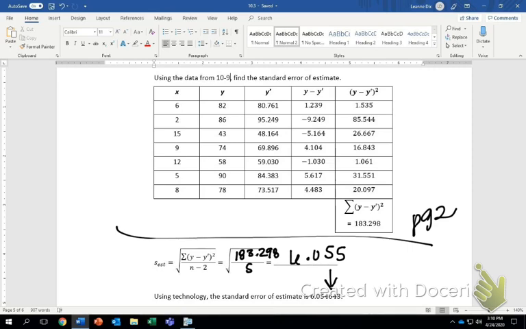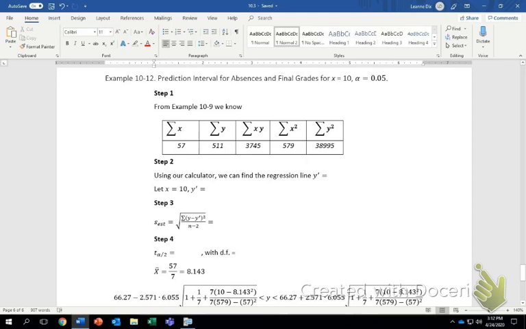So let's do the same thing again, but now let's find the intervals. So here is the same problem again, and since we're doing the intervals, they require a little bit more information than normal. Again, you can find pretty much all of these pieces in your calculator. You just have to look for it.